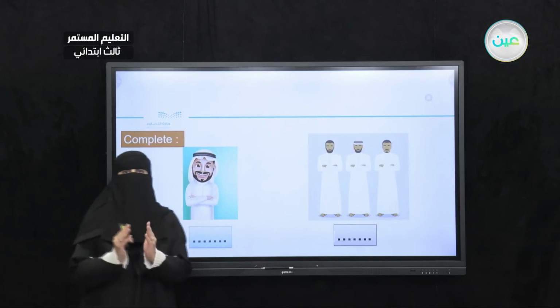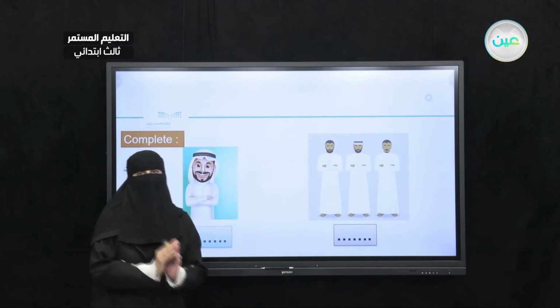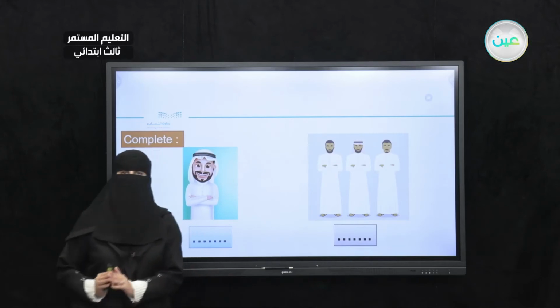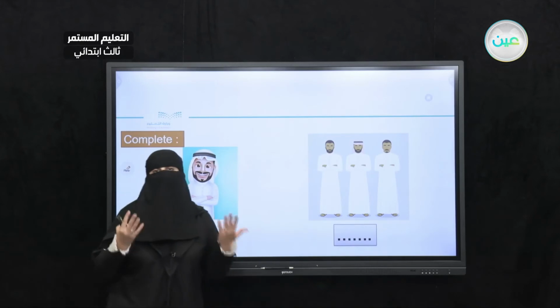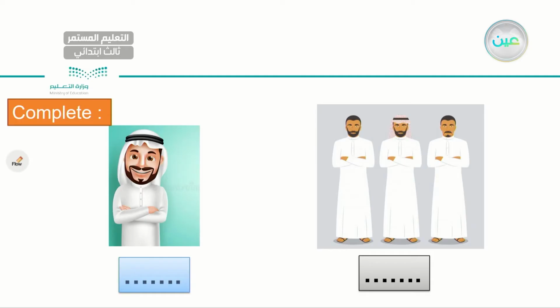Remember, we form the regular by adding S. Car, cars. Apple, apples. But with irregular nouns, they are formed differently. For example, to your left, I have a picture of a man. Very good. A man. Singular. 1 man.